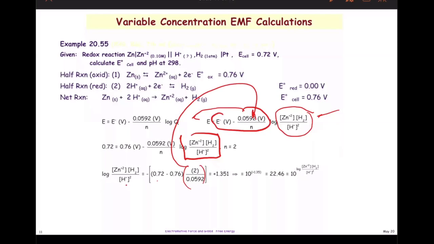So if you work out the math and you take this whole thing and get a number, that number is 1.351. So 10 to the 1.351 is equal to that value right here.